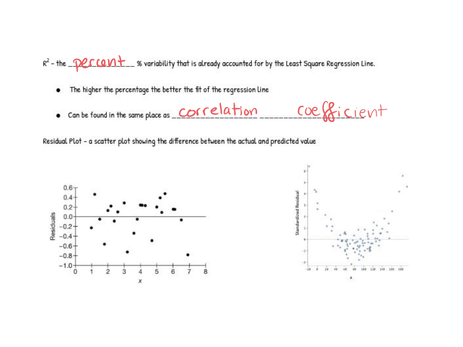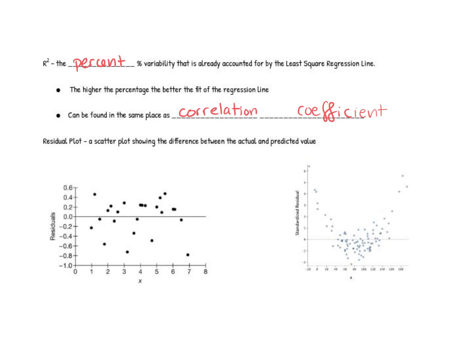So along with residual plots, we also get an R squared. When you run that STAT CALC 4, you'll see an R squared. That is the percent variability that is already accounted for by the least square regression line. So there is that difference that your R is getting from your residual between your predicted and the actual.